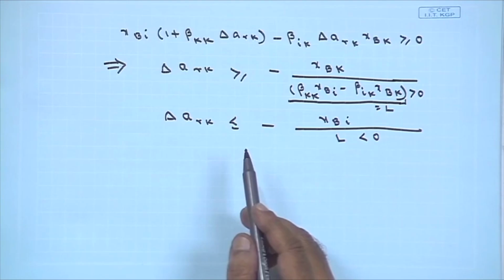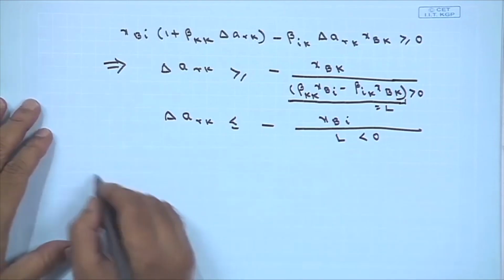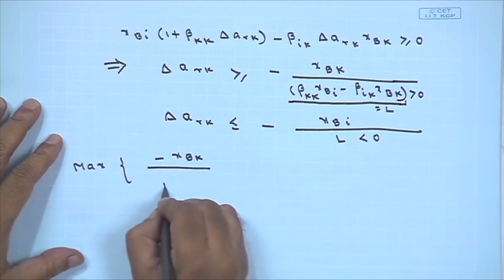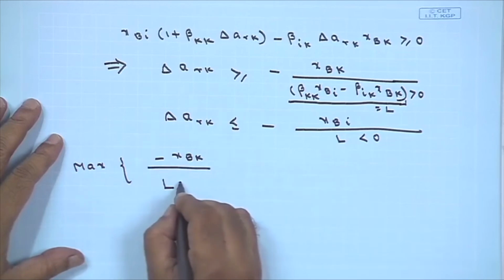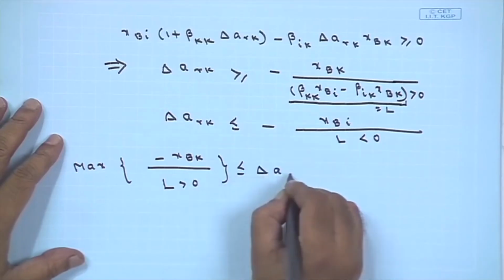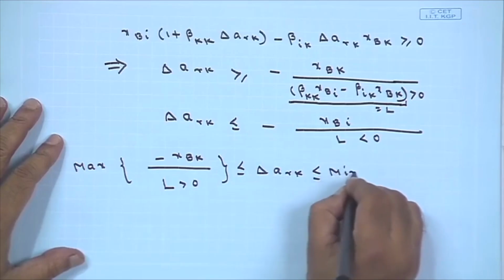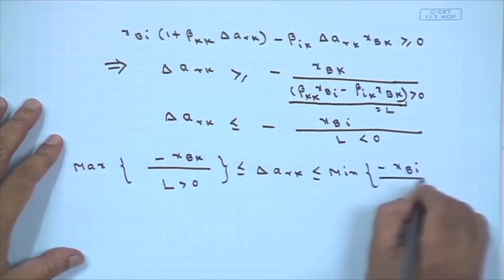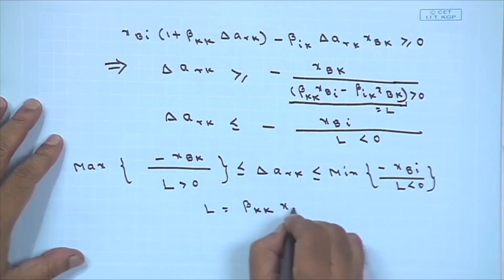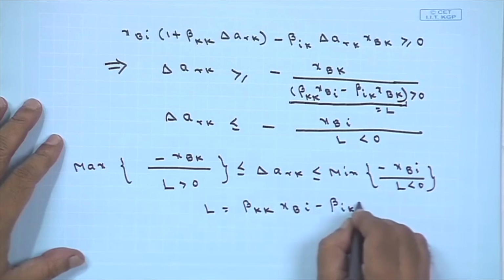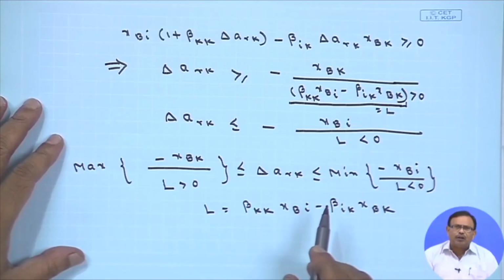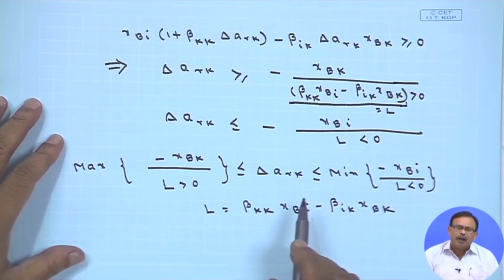So, from here, for feasibility, I may write maximum of minus x_B_i by L, where L is greater than 0, less than or equal to delta a_rk less than or equal to minimum of minus x_B_i by L, where L is less than 0, where L is nothing but beta_kk x_B_i minus beta_ik into x_B_k.